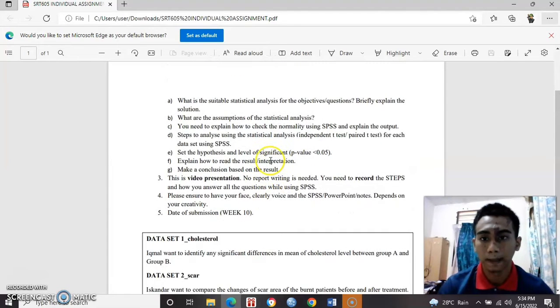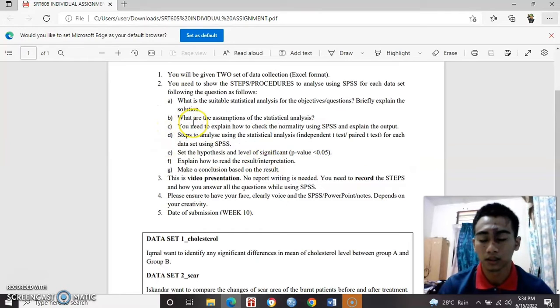The observation used is the dependent sample, and the descriptive of the data is the test of normality, Kolmogorov and Shapiro. The assumption of the statistical analysis is first, the data must be numerical data, then the sample is dependent, and we need to find the comparison of before and after treatment.